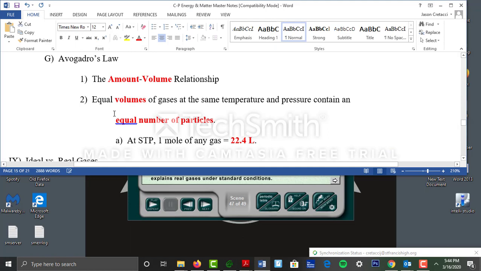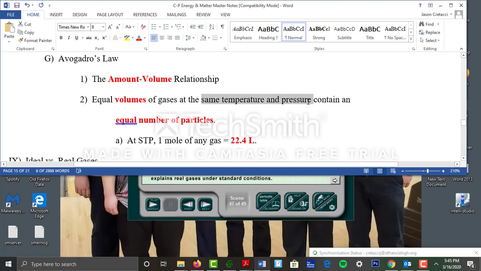But more importantly, Avogadro stated that if you take equal volumes of gases, that means 2 balloons, 3 balloons, 4 balloons that are the same size, and they're at the same temperature and same pressure, like in the same room together, the reason they have the same size is because they have the same number of particles. It doesn't matter if it's a helium balloon, or filled with air, carbon dioxide, oxygen, or nitrogen.